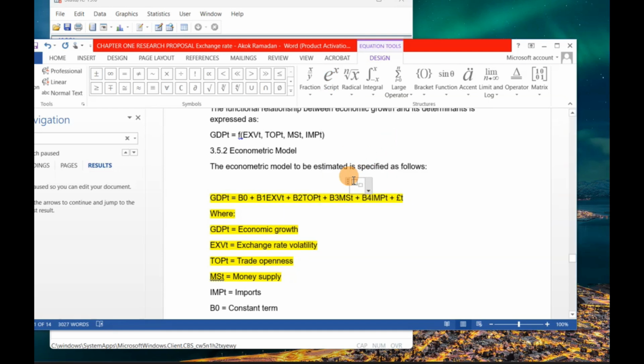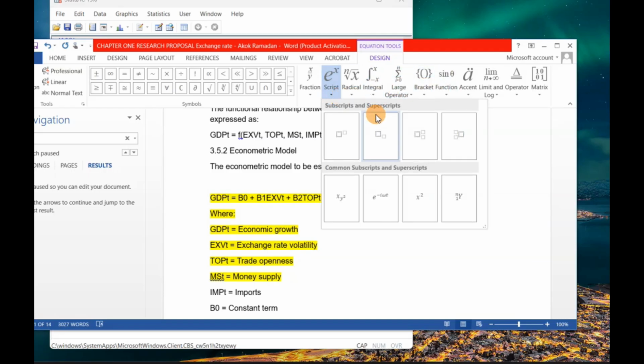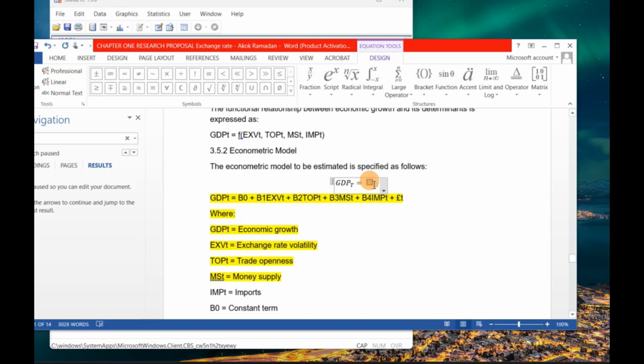So GDP, down put time, equal to, you need to type again the slope, beta, with beta capital, small capital, 0, equal to.